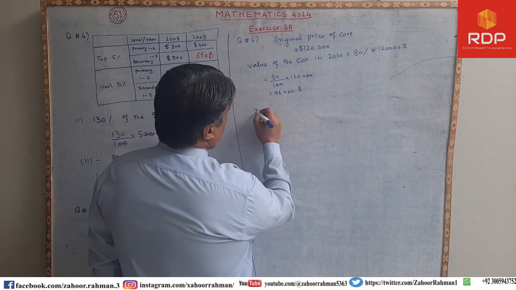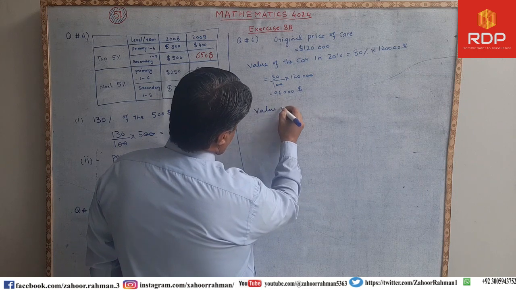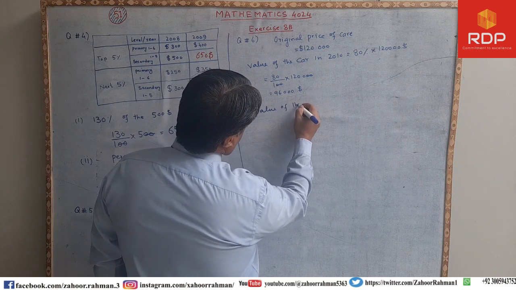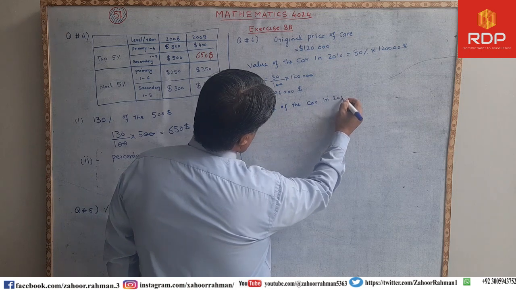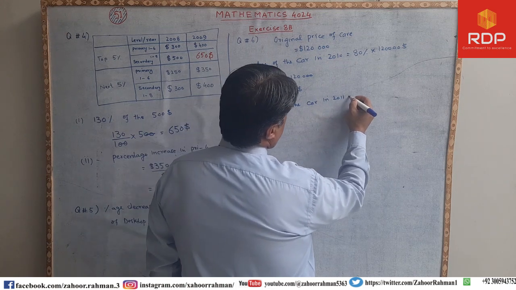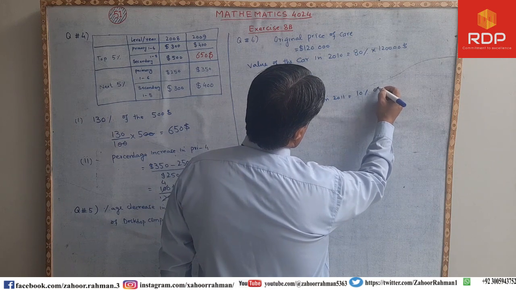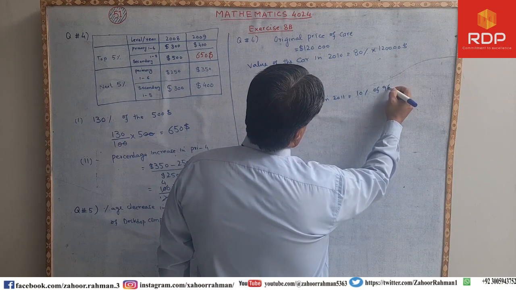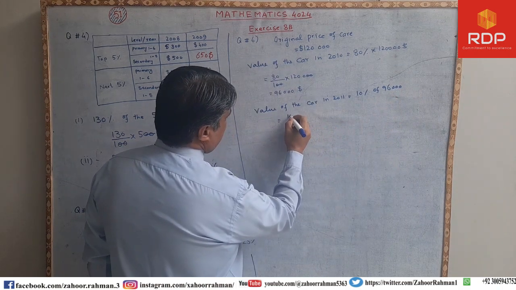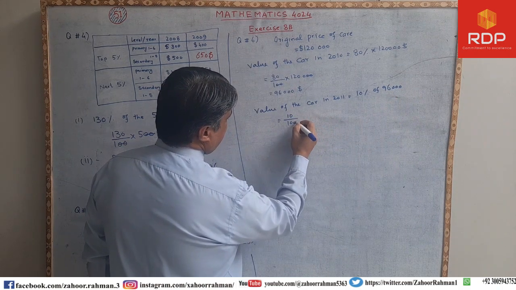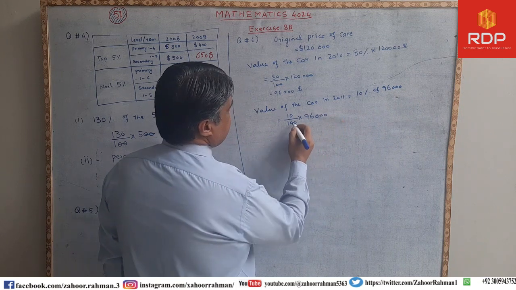In 2011, its value is decreased by 10% of its value in 2010. So value of the car in 2011 is equal to 90% of 96,000, which in turn we can write 90 divided by 100 multiplied by 96,000.